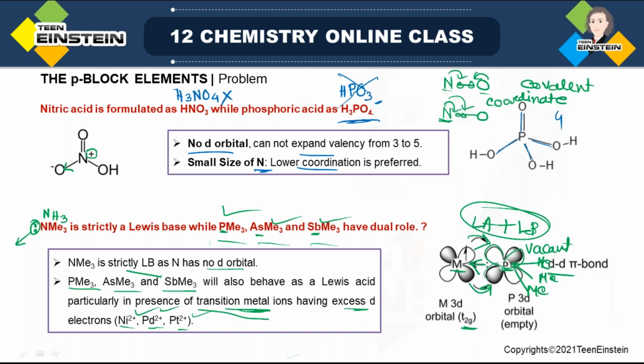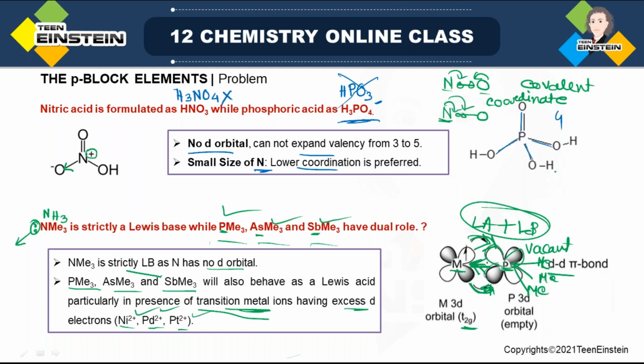So first it is behaving as a ligand because it is donating electrons towards the vacant orbital of the metal, and after that the metal is giving electron density towards the vacant d orbital of phosphorus, and this type of bond is also known as back bonding. Why is it back bonding? Because first phosphorus is donating electrons through a sigma bond, and after that there is pi bond formation and the metal is donating electrons.